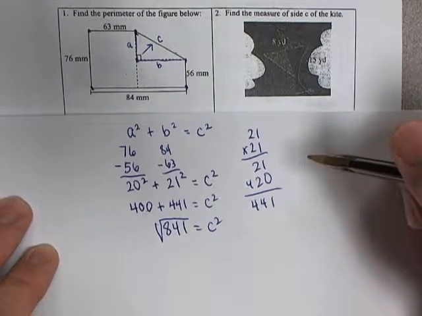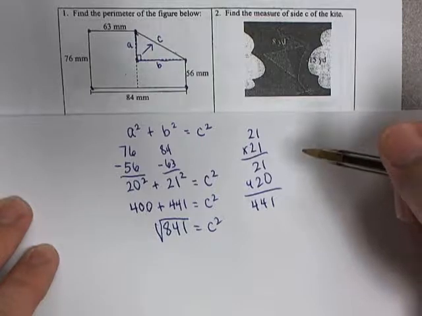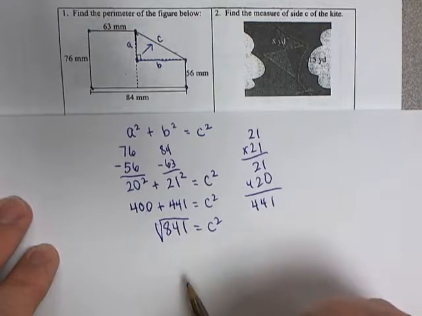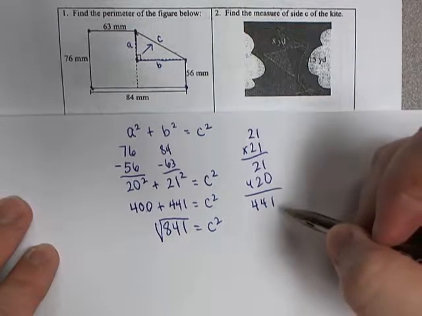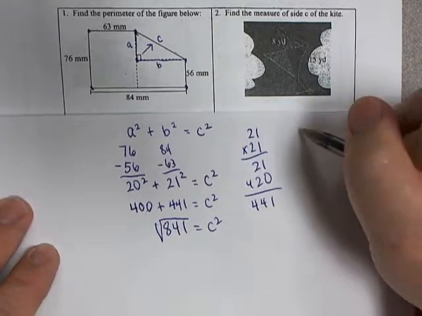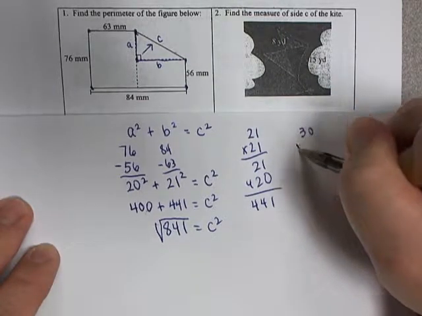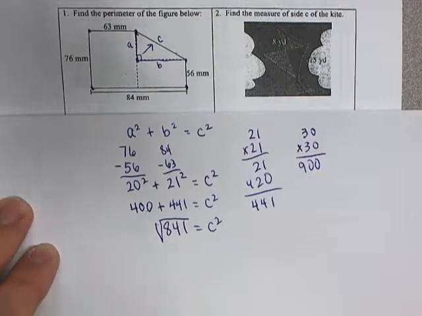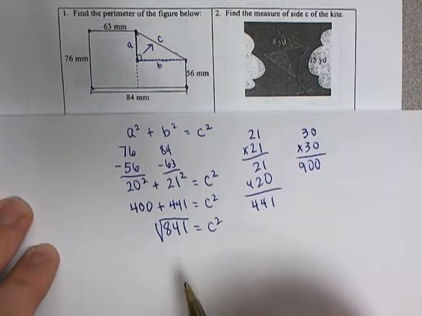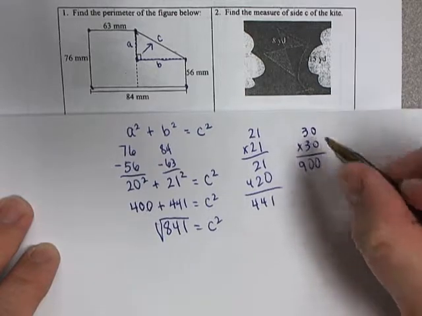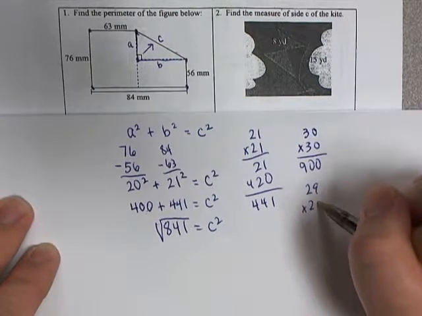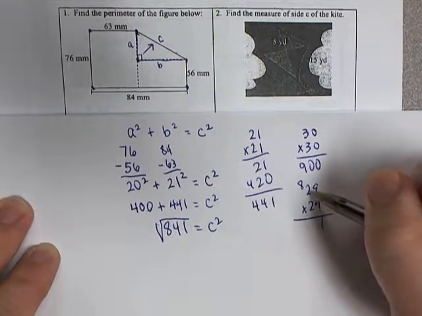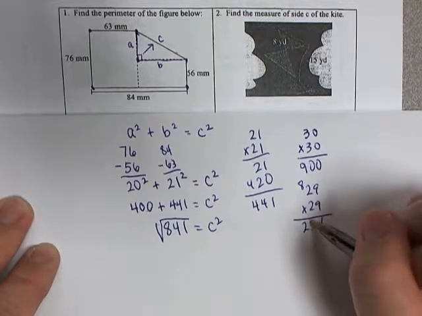So this is where we need to go ahead and guess and check. So what number times itself will get us close to 841? Well, let's start with 30. 30 times 30. Let's see, 3 times 3 is 9, so that's 900. So that's a little too large of a number. Let's go down to 29 times 29. 9 times 9 is 81. 9 times 2 is 18, plus 8 is 26.